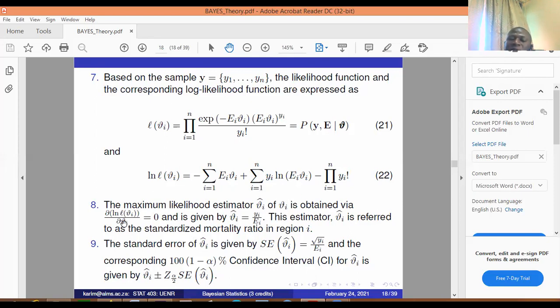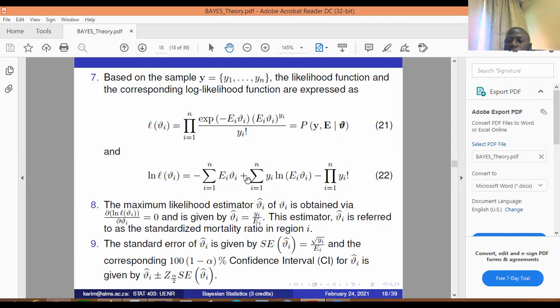We obtain that by differentiating 22. We are taking partial derivatives of the natural log of the likelihood function with respect to theta, and equate that to 0.